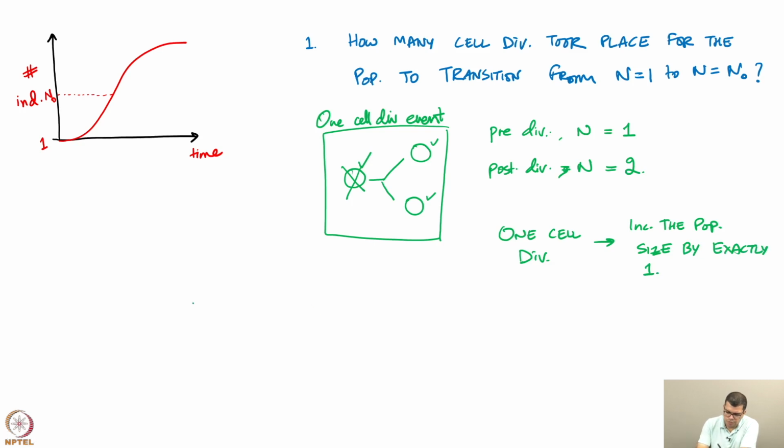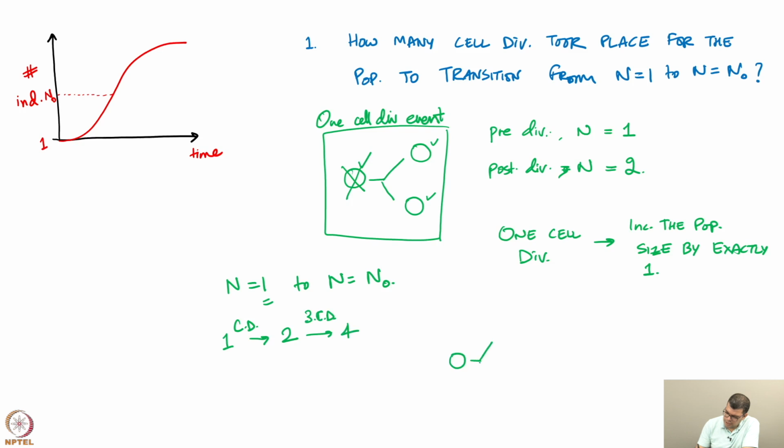So, for the population to go from n equal to 1 to n equal to n naught, how many divisions need to take place? Every cell division would increase the population size by 1. So, one cell division would increase the population size to 2. Then as these 2 divide, that means 2 more cell divisions take place. So, total 3 cell divisions. After 3 cell divisions, the population size would go to 4.